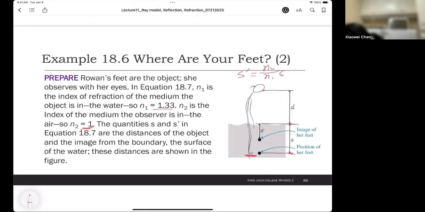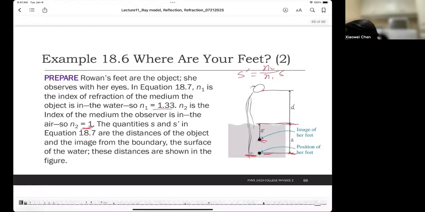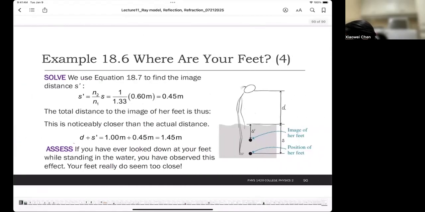This is s and this is s'. This is the image, this is the boundary, and this is the real object. Sorry, this is a repeat; we just ignore that. And let's resolve this problem.